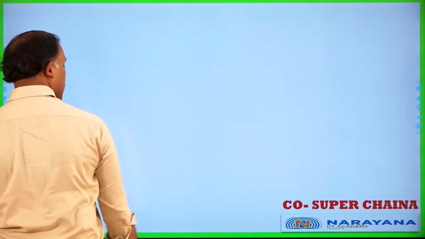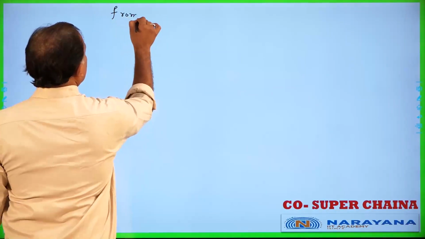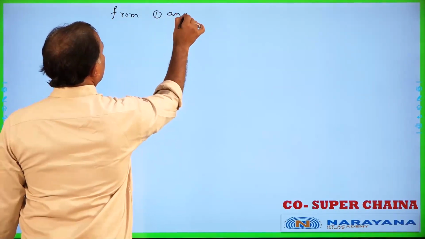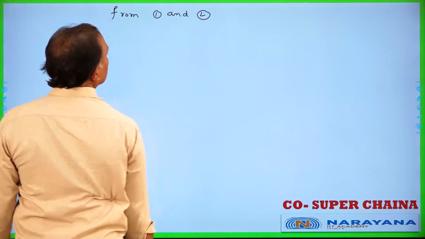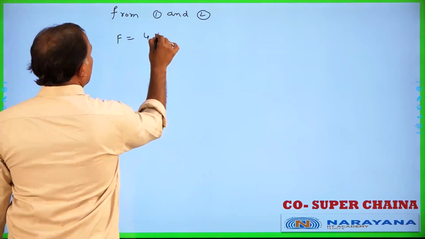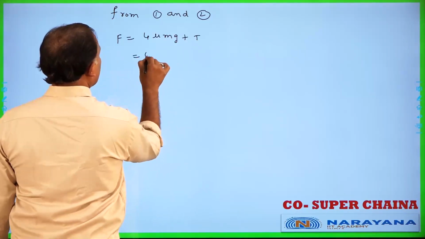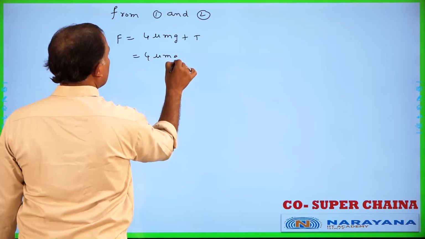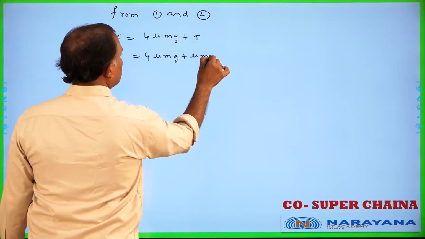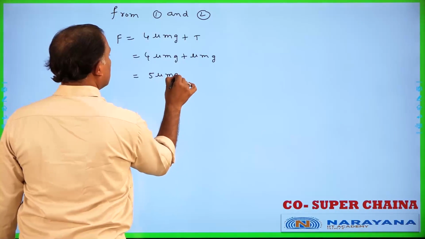From 1 and 2, F is equal to 4 mu mg plus T. So that equals 4 mu mg plus mu mg, that is 5 mu mg.